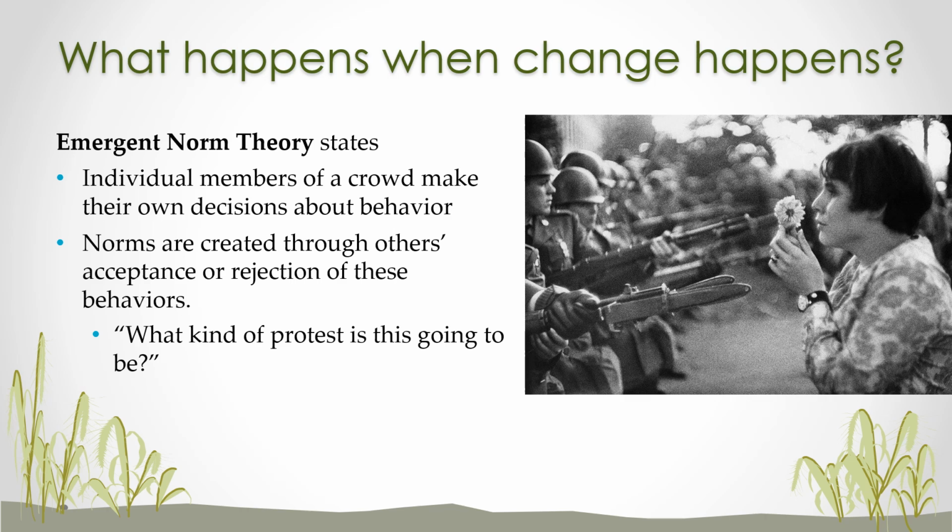Emergent norm theory states that individual members of a crowd make their own decisions about behavior, and then collective norms in that group are created through others' acceptance or rejections of those behaviors. Basically, what kind of protest is this going to be? Is this going to be a violent protest, or is this going to be a peaceful protest?